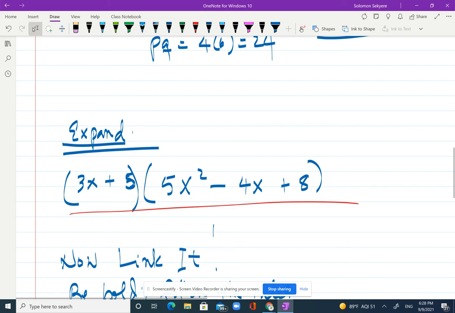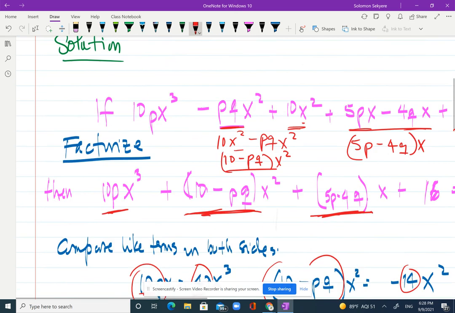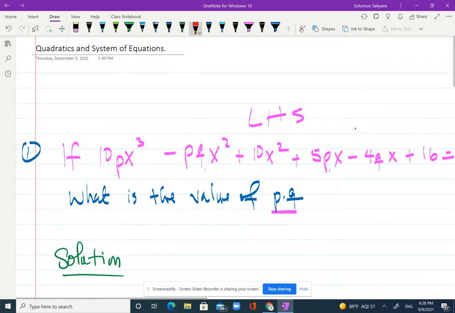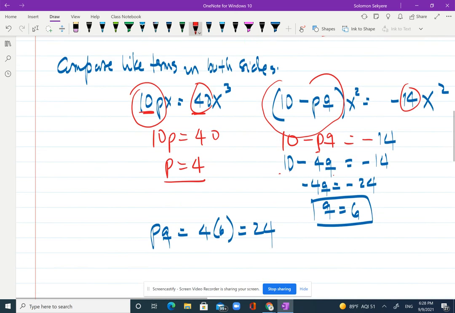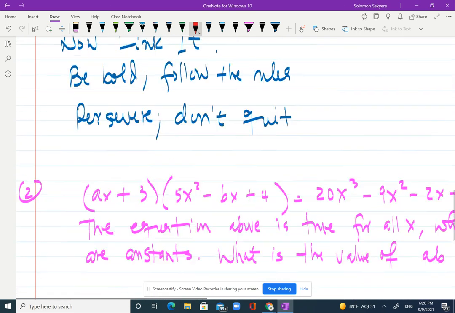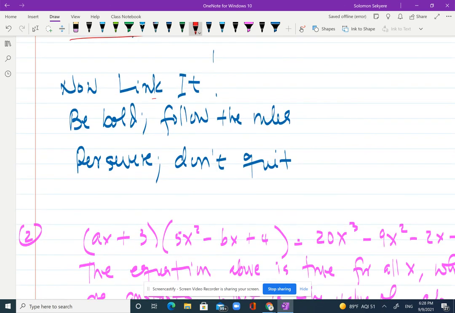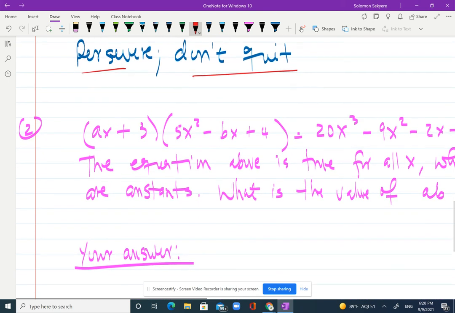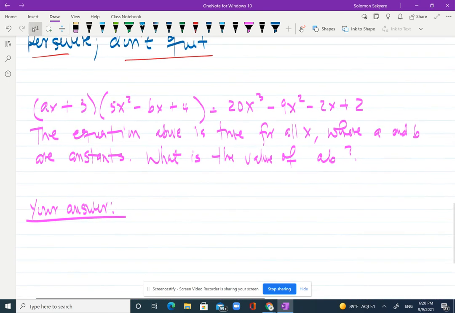So combine your skills here and what I've just shown, and here's an SAT question. Be bold, follow the rules of algebra or mathematics, persevere, don't quit. Here's the question. Here's your challenge.